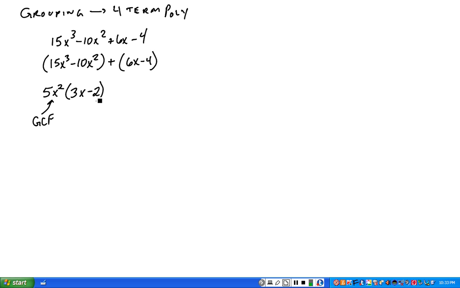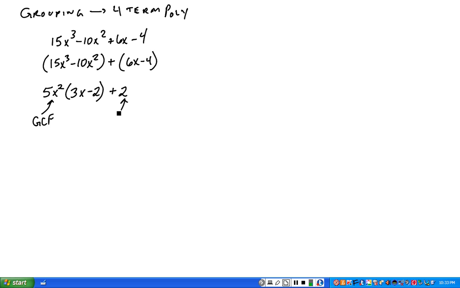I write my plus sign, and now I'll look at my next grouping. I have 6x minus 4, so I want to think about what I can pull out, and I realize I can pull out a 2 of the coefficients. 2 goes into 6, 2 goes into 4. I can't pull out an x because the 4 doesn't have an x, so I pull out a 2.